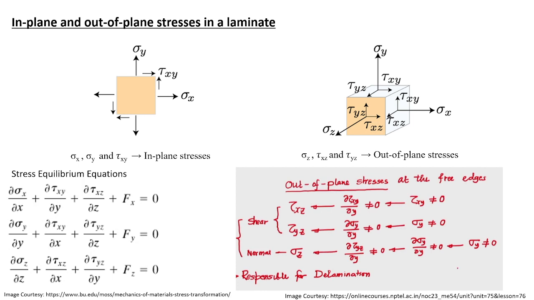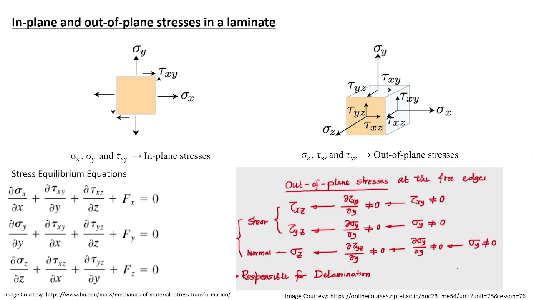But that is not the real case. In reality, when the laminates are stacked, they have a certain thickness, and because of that, there is stress distribution in all three directions, which we consider as the out-of-plane stresses.